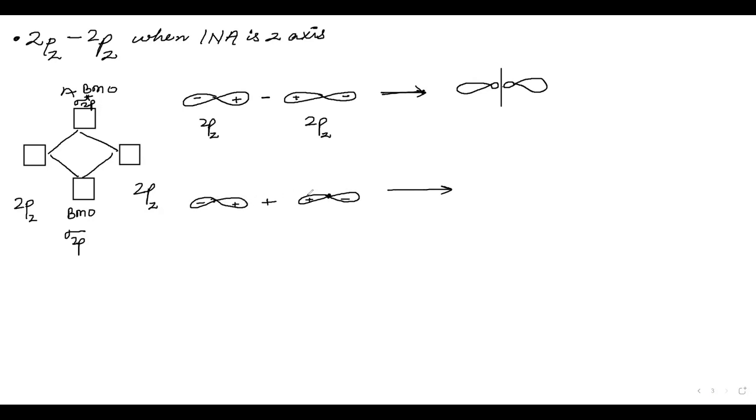These two lobes which are interacting will interact in a constructive phase and increase the electron density like this. Here is the nucleus, and we have more and more electron density between these two nuclei.